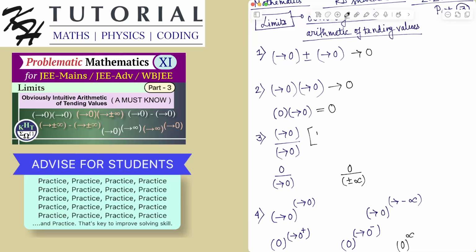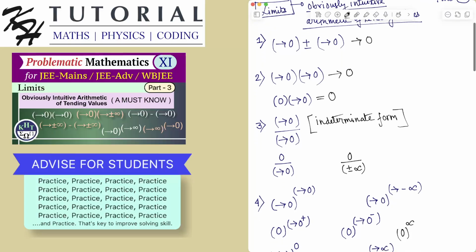So in any limiting problem, if we put the tending value of x and investigate the form, and the limiting function is of the form tending to 0 divided by tending to 0, this is an indeterminate form, which we solve by some specific methods that I will discuss in a future video. This is one of the indeterminate forms.